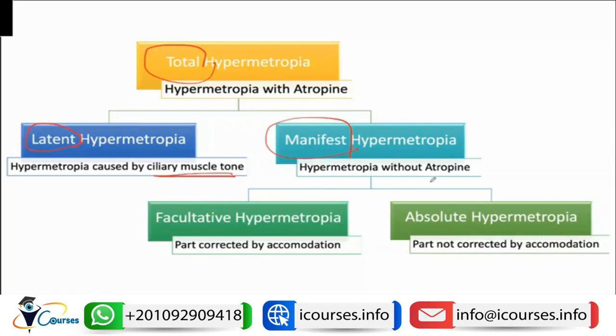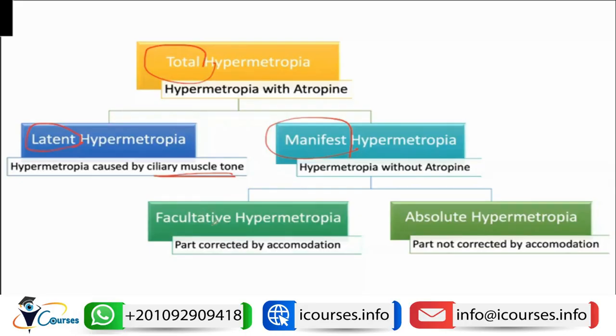This is the part of the total hypermetropia that is present without the ciliary muscle tone. This manifest hypermetropia is further subdivided into facultative hypermetropia and absolute hypermetropia.